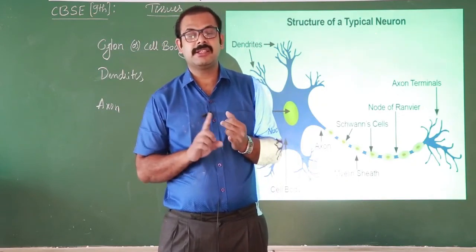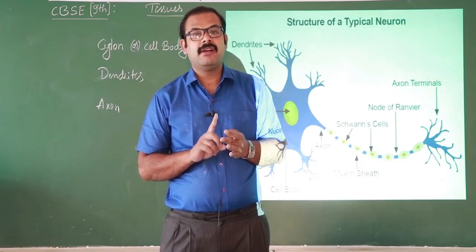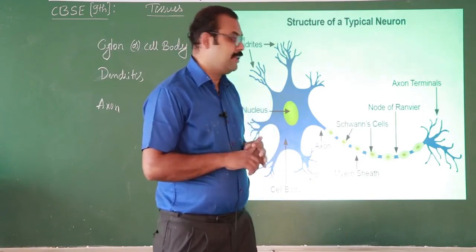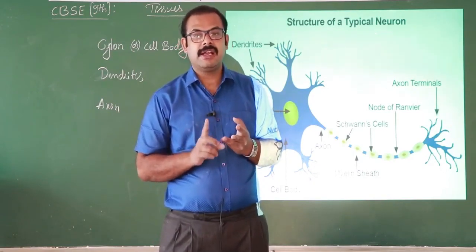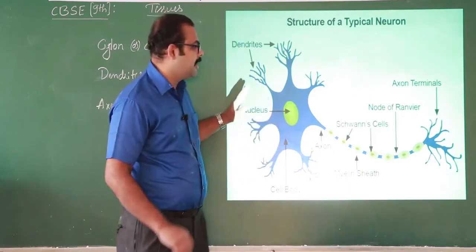In connective tissue, I discussed areolar connective tissue, adipose tissue, tendons, ligament, cartilage, bone and blood. Then in muscular tissues, we discussed three types of muscles: striated, unstriated and cardiac muscles. Finally, in nerve tissue we discussed a nerve cell.